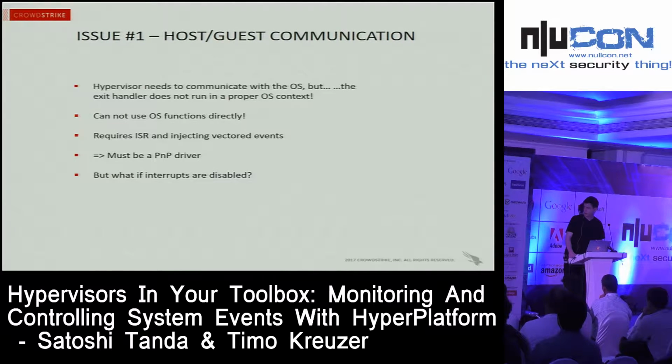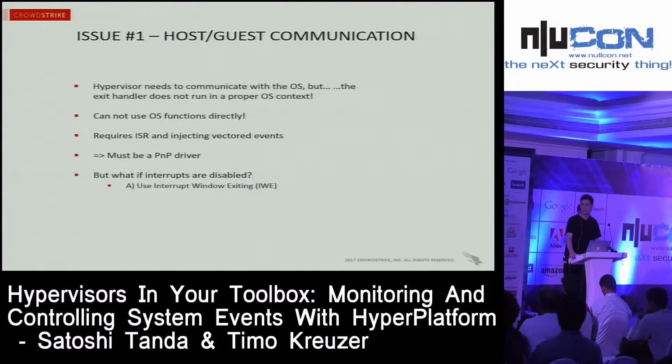The question is, what happens when interrupts are disabled? When your exit handler runs and interrupts are disabled on that CPU, then it is not possible to inject a vectored event. Or when you try to do that, this will cause a failure, and you cannot continue. So there is a solution to that, and that is called interrupt window exiting.